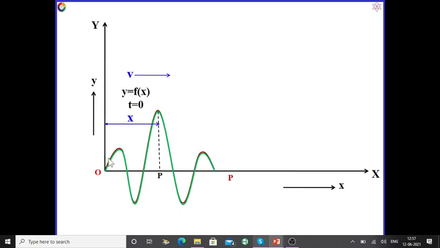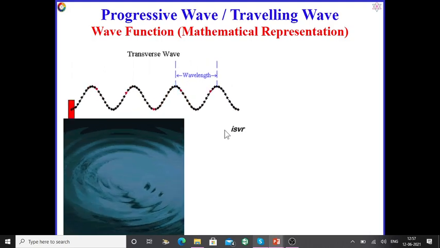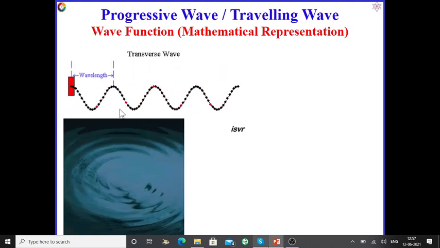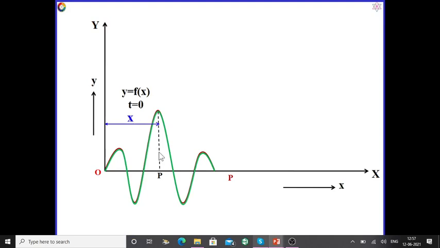This is a particular curve or pulse, as we saw in the previous slide, that the waves are like this. So you just consider one pulse moving here, and we are trying to write down its mathematics. Suppose at t equal to 0, this is the situation. Okay, so for this case y is a function of x.